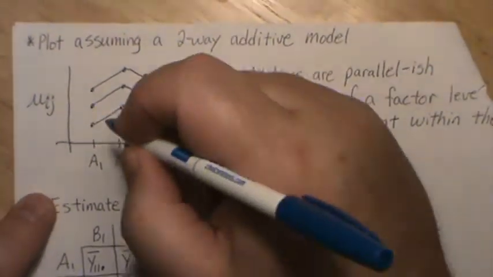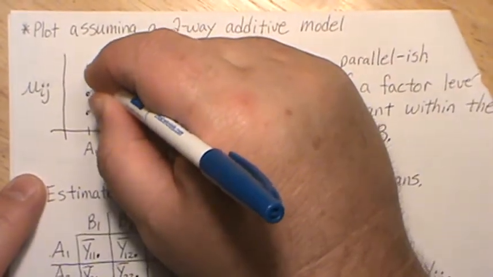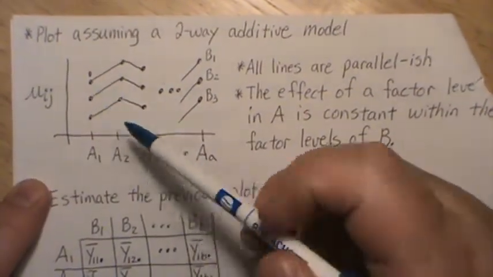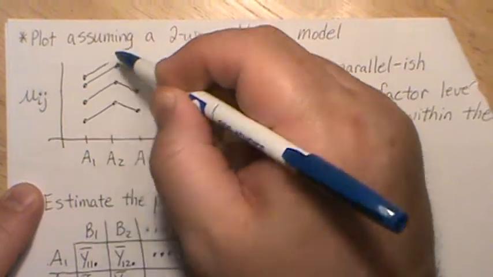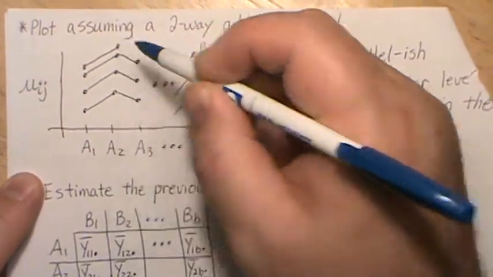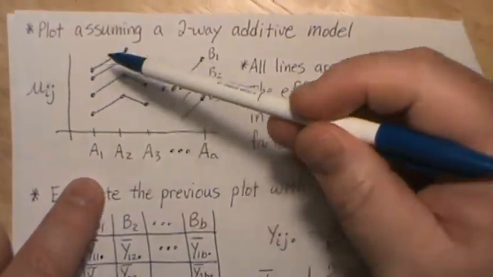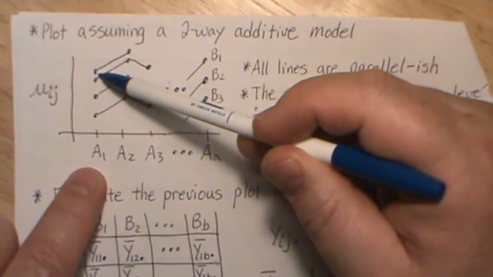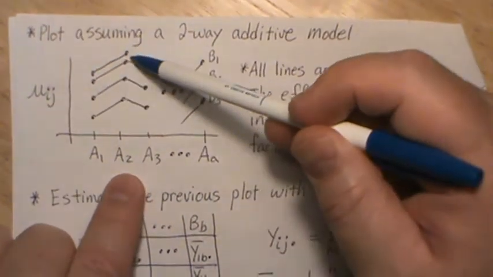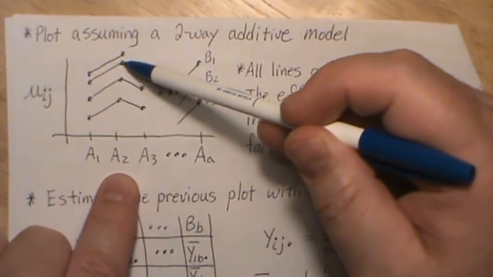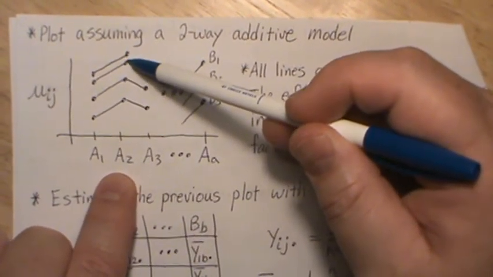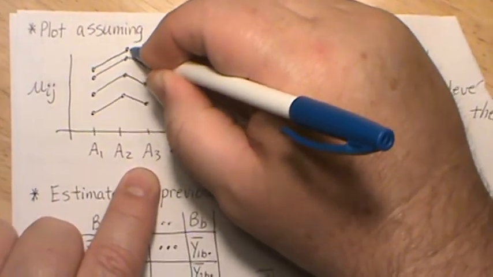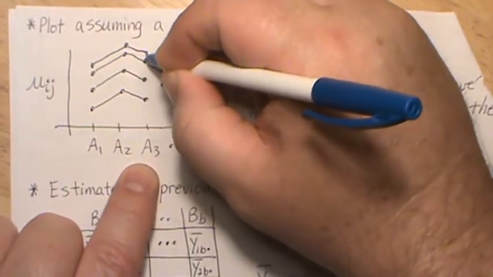So for instance, if we were to add, say, B4, which is really close to B1 here, it would still run parallel, and the effect from going from B1 to B4 in level A1 is going to be the same as going from B1 to B4 in A2. In the same way for A3, it's going to be really close, but it's going to be the same distance.